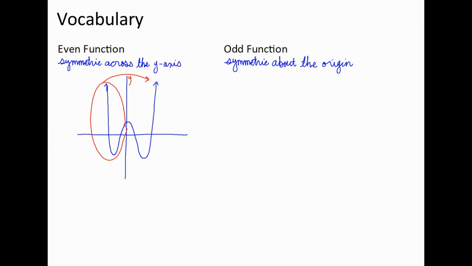And a good example of this is going to be a cubic function. So basically what we're doing is we're using this origin as a pivot. We are taking this little bit here and I'm moving it clockwise, and that is symmetric about the origin.